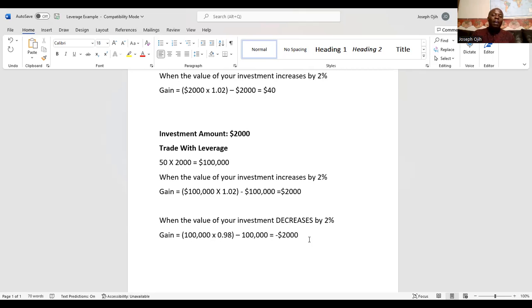So if you can't pay it, they have the right to take any amount of money that is reserved in your trading account. So you can see how leverage works. If everything goes well, you can magnify your return. I believe that you get the point when it comes to leverage.